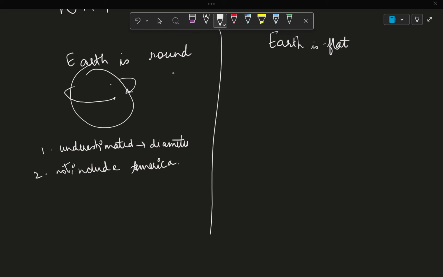Because over short distances, the curvature of the Earth is so small that we can safely ignore it. For example, while designing a small classroom or a small house, treating the Earth as flat introduces negligible error while making calculations much simpler.